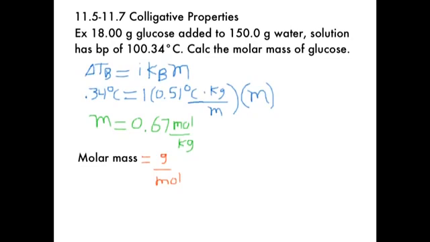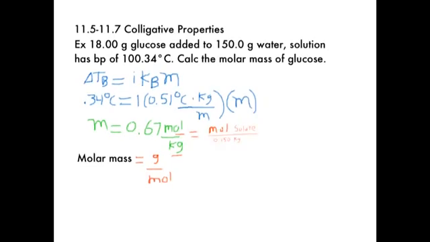So I can just look at the units, moles and kilograms, and see that I would need to multiply by kilograms of the solvent to get moles of the solute, the glucose. Or if I need to, I can use the equation and know that the molality is moles of solute over 0.150 kilograms of water.